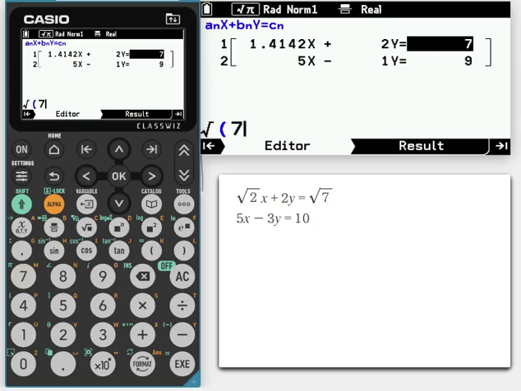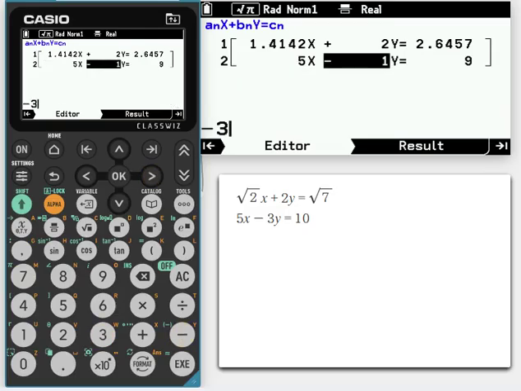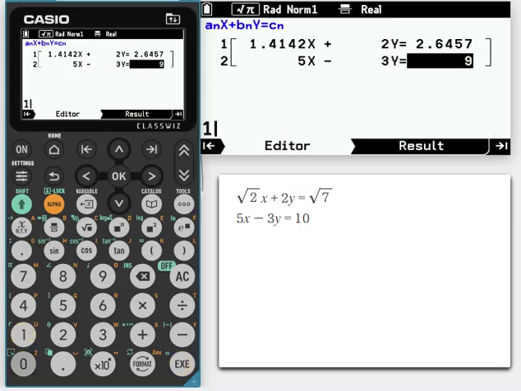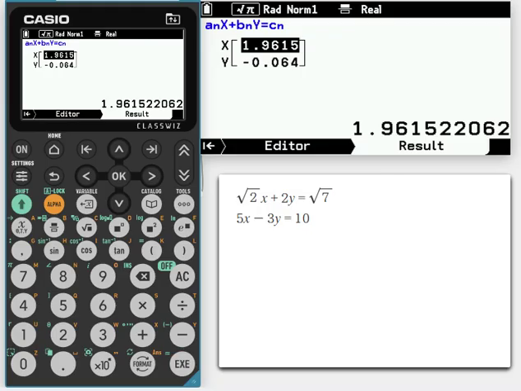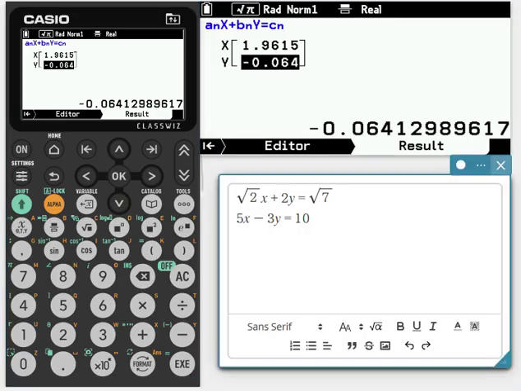You enter √7 and it calculates the value. 5x is the same, we can move across, and -3 and 10, and again EXE, and you have the 2 values, your answers. You can do the same process for simultaneous equations in more than 2 unknowns.